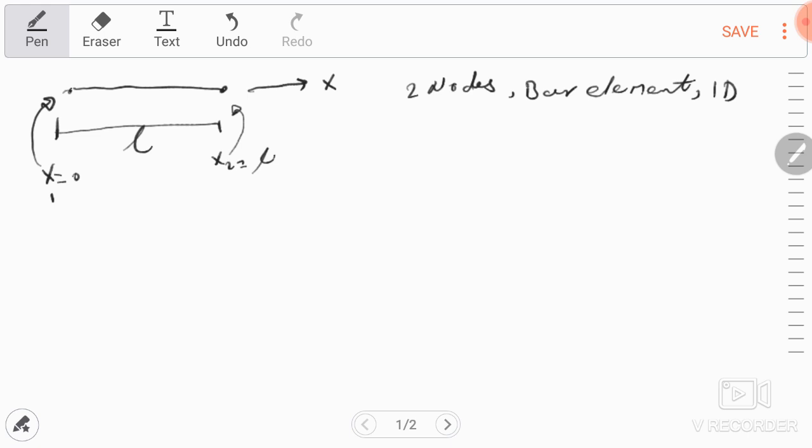So let's assume or take a linear rule for the k equal EA over L times the matrix 1, -1, -1 and 1.